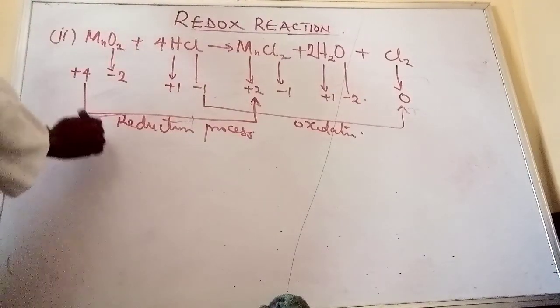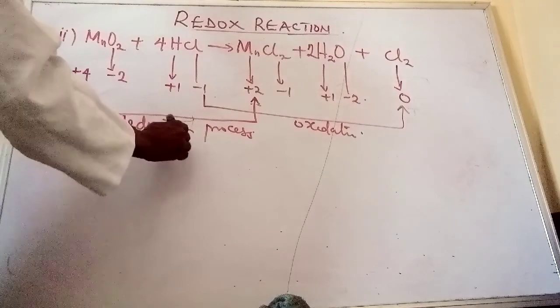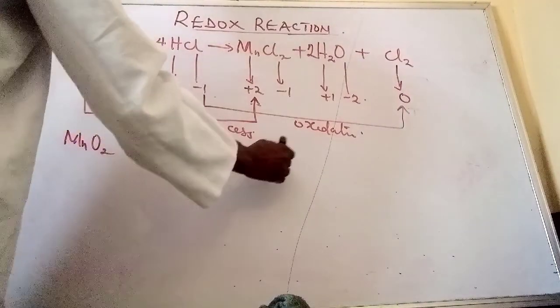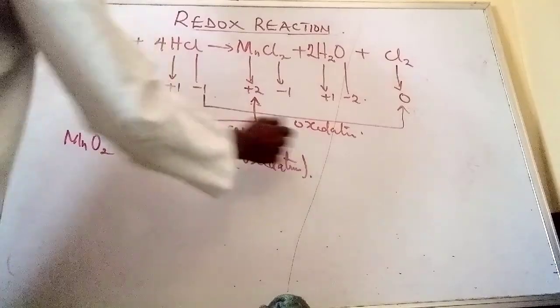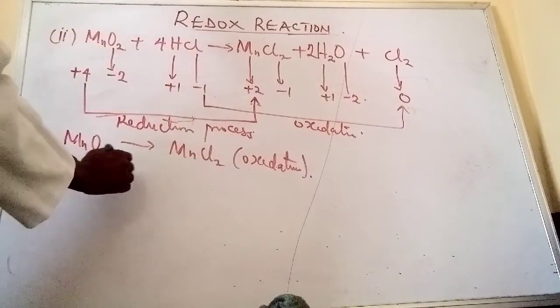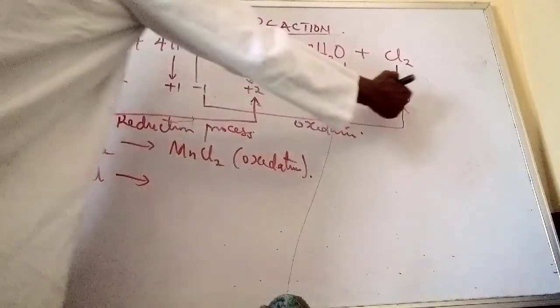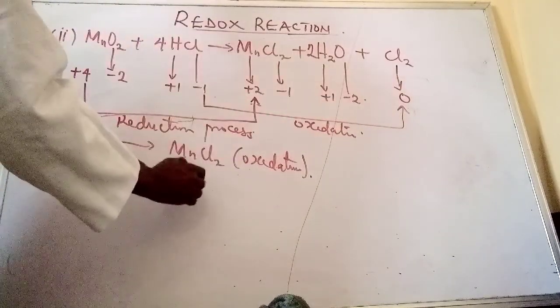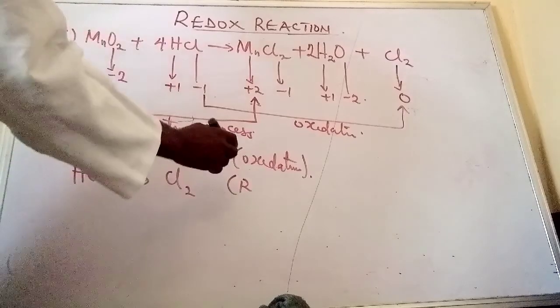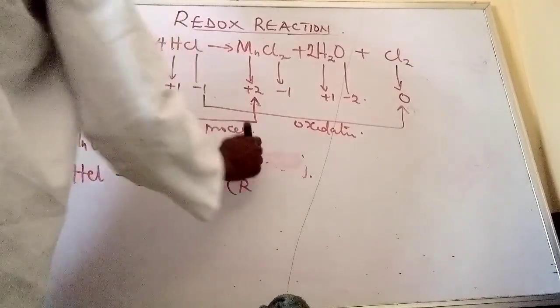So MnO2 to MnCl2. That is oxidation. So from HCl to chlorine, this is reduction.